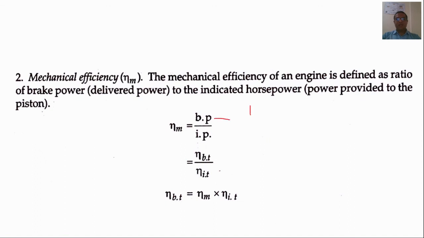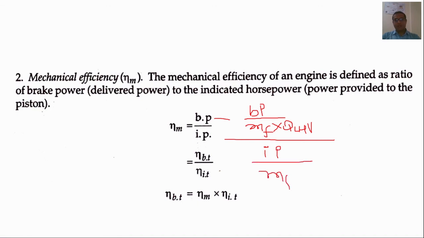Divide this brake power by MF into QLHV, all divided by similarly IP divided by the same MF into QLHV. So we have divided the denominator and numerator by the energy supplied by fuel.